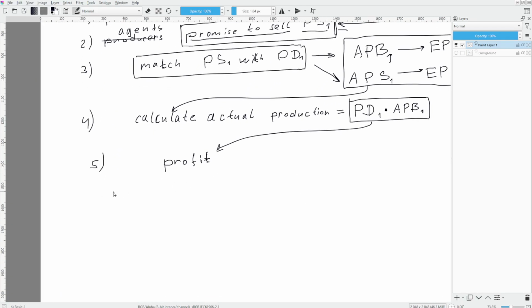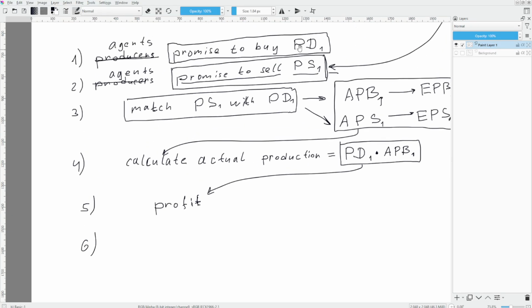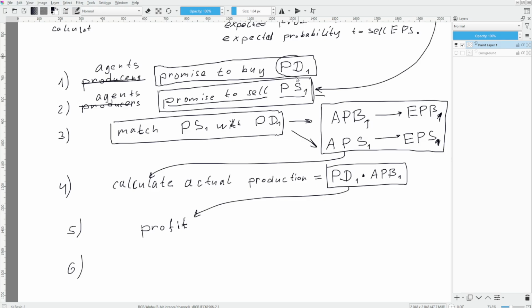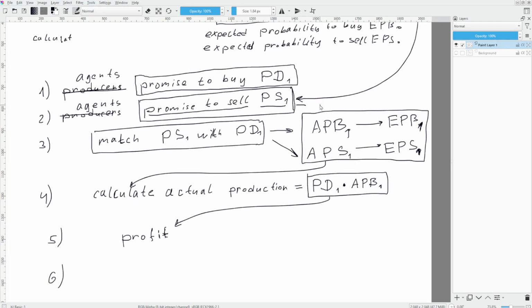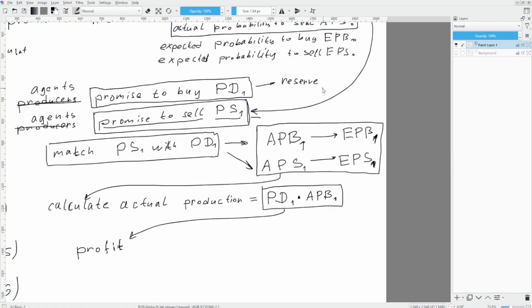And we can calculate something which we call refund, because, for example, imagine that we have demanded a certain amount of goods. It's usually easier to use this step and reserve some money on this promise.